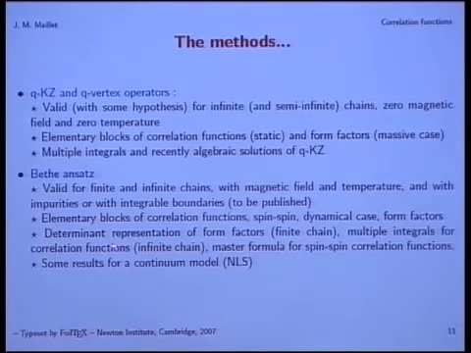And essentially what you obtain are determinant representations of the form factors, multiple integral representations for correlation functions, and some other nice formulas that I will try to describe. And some of these results can be extended, at least for the moment, to one continuum model, which is the nonlinear Schrödinger model. But this is still work in progress. Part of it has been published last year.